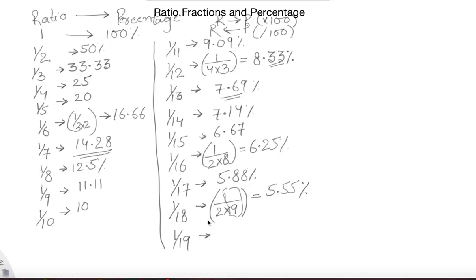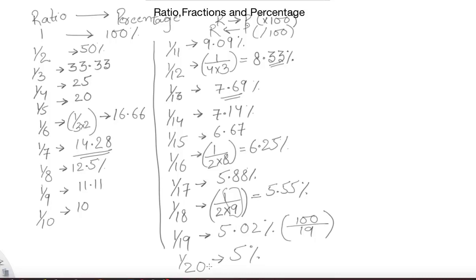I don't need it, but we'll try to solve it. 1 by 19 equals 5.02%. And how did I find it? It's nothing but 100 by 19, because we are converting a fraction or ratio to percentage, we have to multiply it by 100. And 1 by 20 is nothing but 5%.